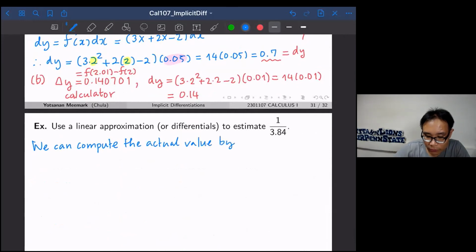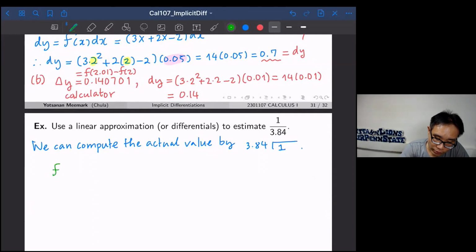If you'd like to compute the actual value, you're going to do long division. So it's going to be 3.84 divided by 1. So this one you can use long division. This one is difficult for sure. However, you see it's going to be 1 over something like this.